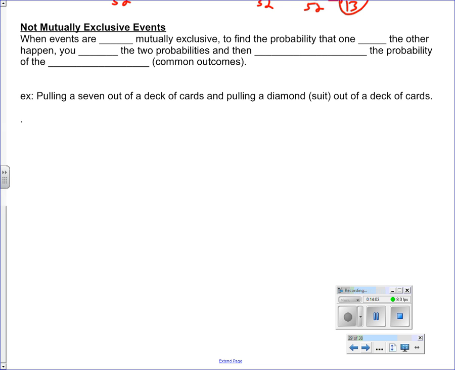And last thing, if two events are not mutually exclusive, so they're overlapping events, to find the probability that one or the other happens, we're still going to add the two probabilities, but then we're going to have to subtract the probability of the overlap, or the intersection. So that's the probability of both occurring at the same time.